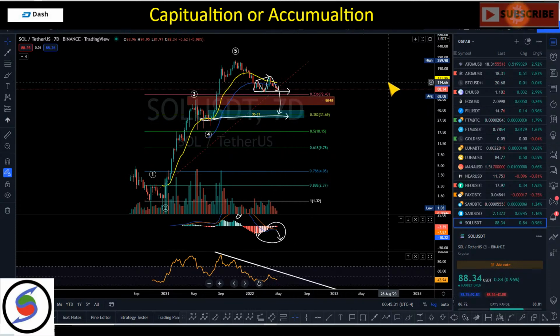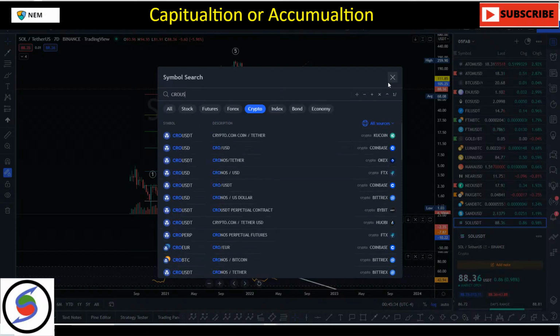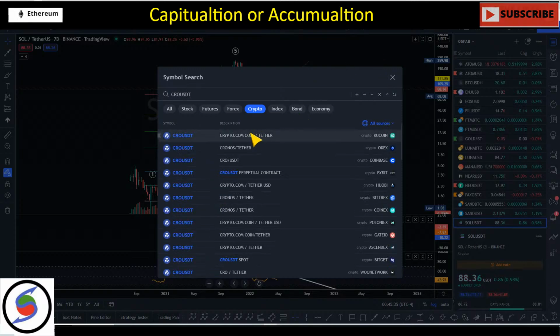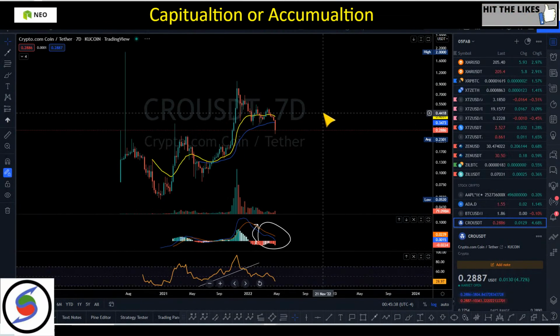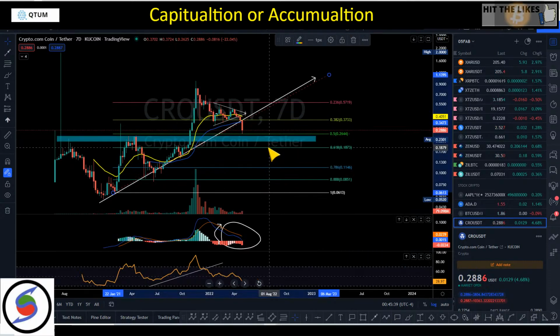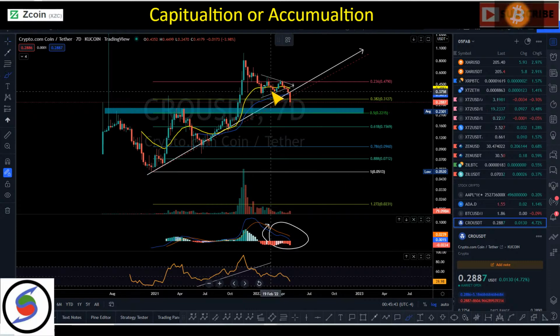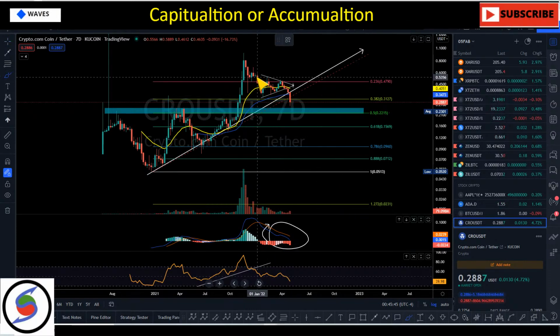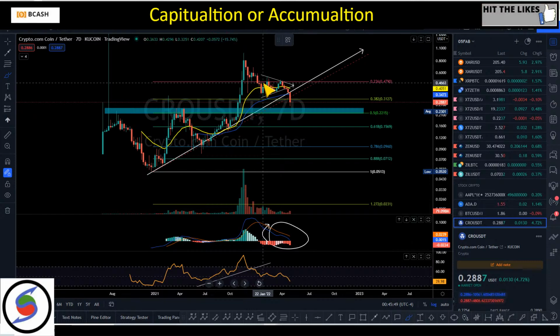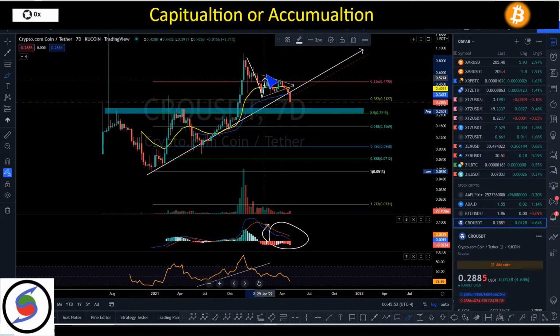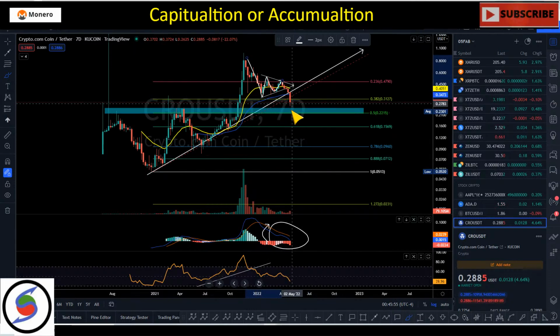So if you take a look at CRO USDT, I think we talked about CRO a couple of days ago, right? Before the breakdown. And even before then, I was talking about it in my premium when this guy was like, I think somewhere around like $45. I was like, just wait, it will hit the mid 20s range.